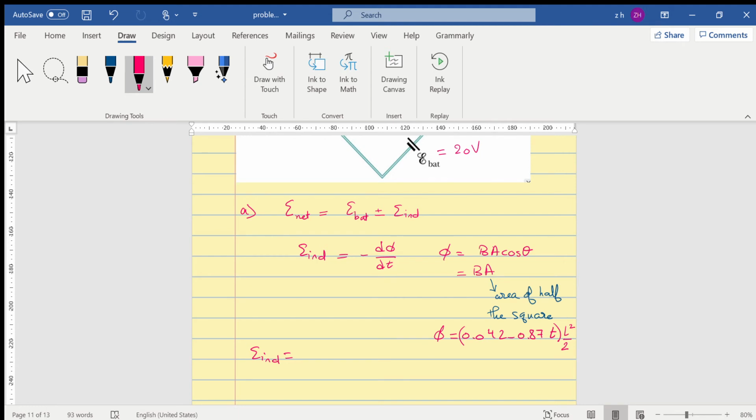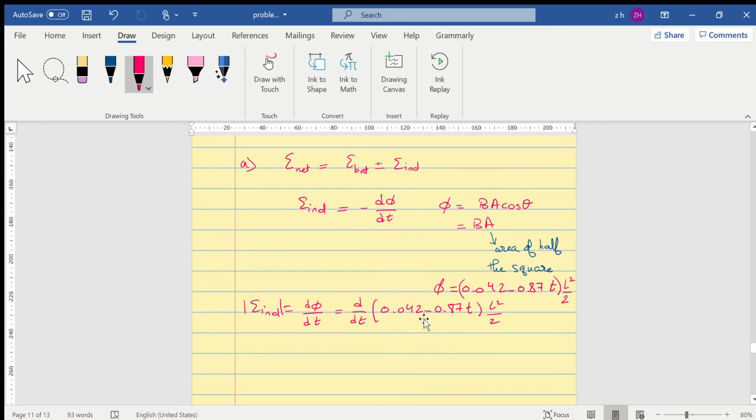If we look for the derivative of phi, right here I'm looking for the magnitude, so I will take away the minus sign. So the derivative with respect to time is going to be the derivative of the expression that we got here. And if we derive here, okay, I will take L squared over 2 outside the derivative.